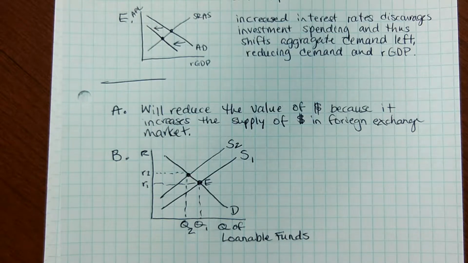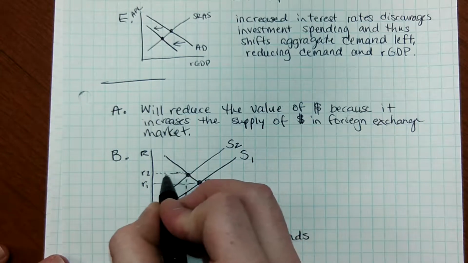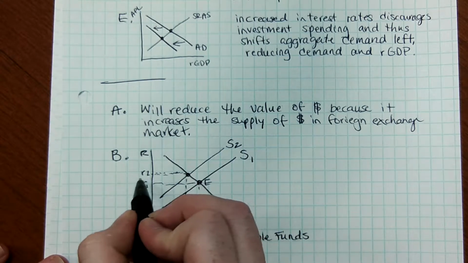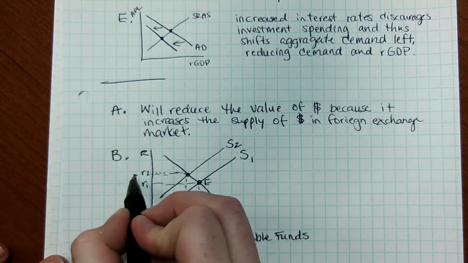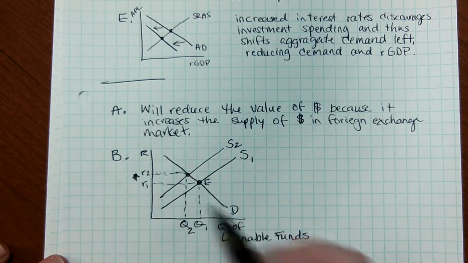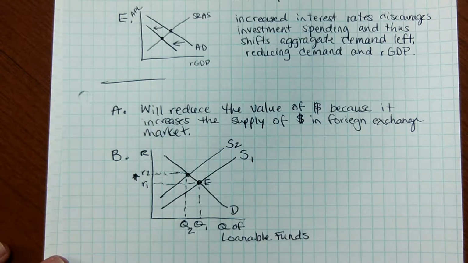When they give you a specific, make sure that your model has these things written out, so that you've got, this is my new interest rate, R2. Highlight that. Make sure that your grader can see that you're answering their question, that the impact is an increased interest rate.